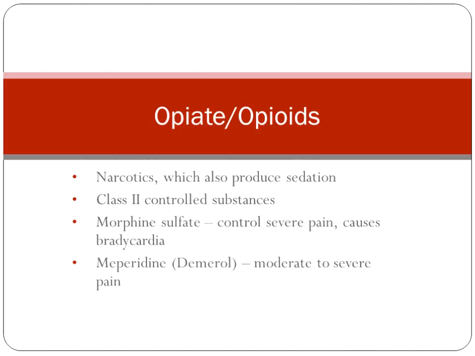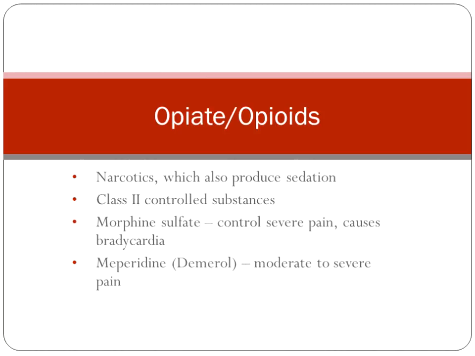Opioids are narcotics which also produce sedation. They are class 2 controlled substances. The two I have listed here are morphine and meperidine or Demerol, not frequently drugs that we are giving in the operating room, but drugs you should at least be aware of. Morphine does cause bradycardia, but is used to control severe pain.